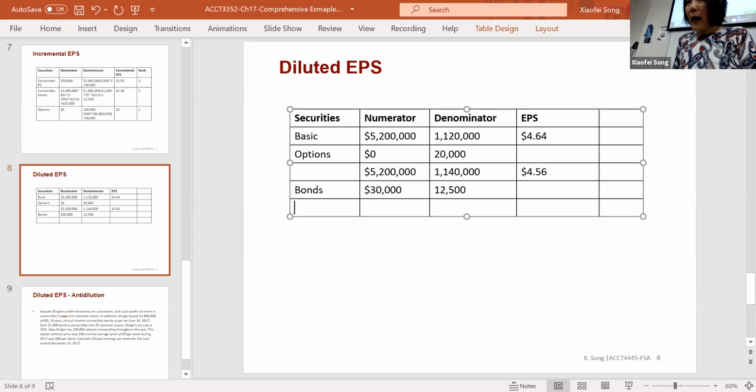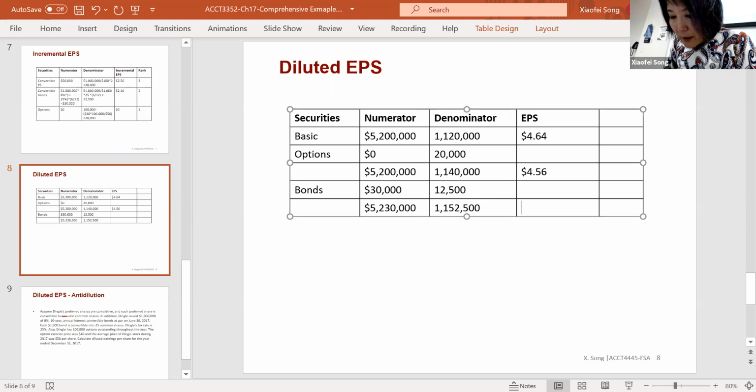So with that, the earnings available for the numerator would be 5,230,000. And the denominator would be 1,152,500.